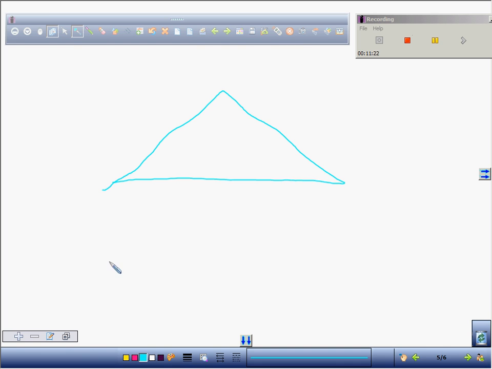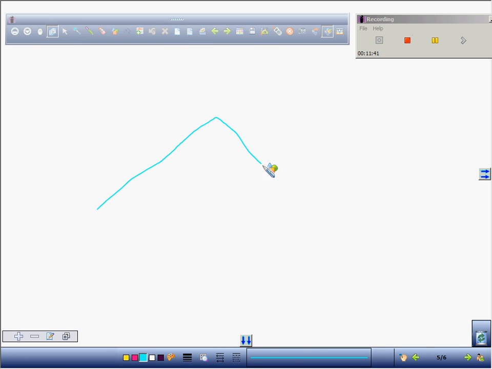Is that going to make a triangle? Come on! I didn't use a tool. Let's undo that. I've got to use a tool. Thank you. So go like this, go like this, go like this.